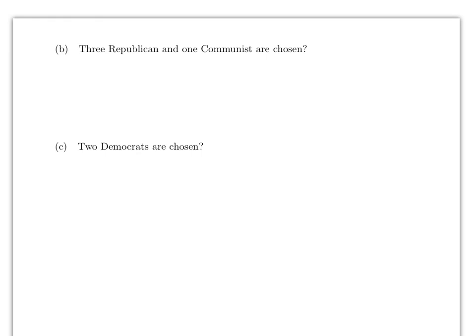All right, we're still using the same information. You still are selecting 4 people from 17. That hasn't changed for this question and for this one. But now the question is slightly different. It's asking what's the probability of getting 3 Republicans and getting 1 communist. Now, the bottom is not going to change.